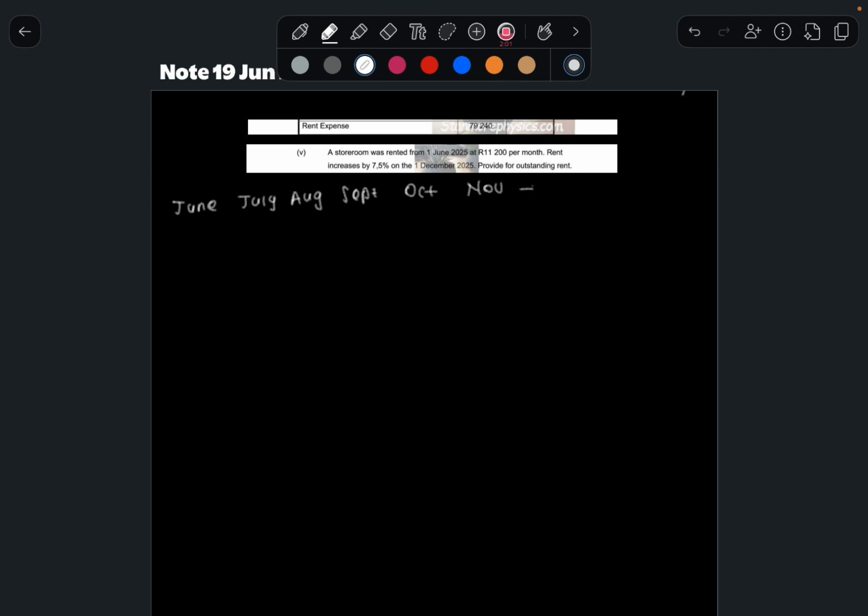These months, how many months? 1, 2, 3, 4, 5, 6. 6 months we're paying 100%, right? And then December, Jan, Feb, these 3 months we were paying 107.5% because rent increased.